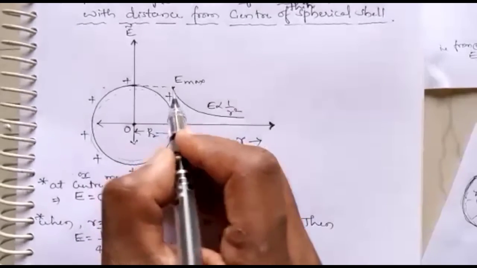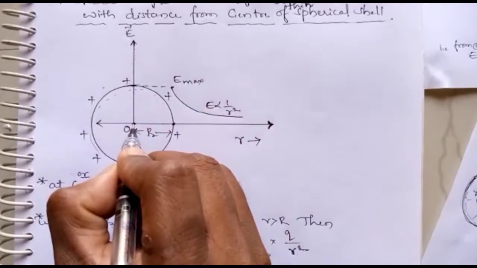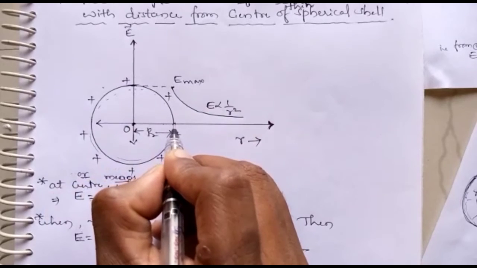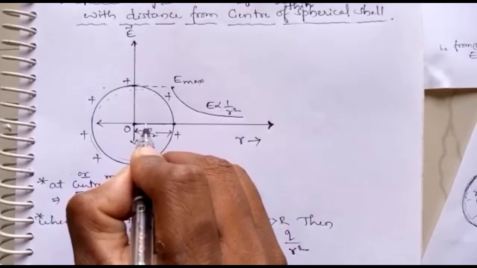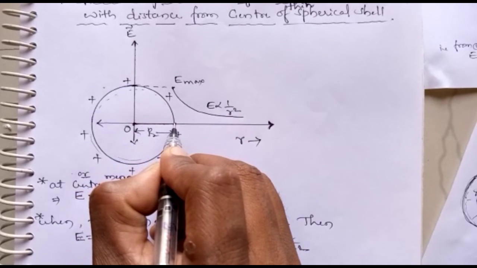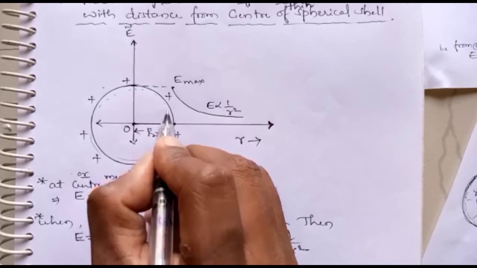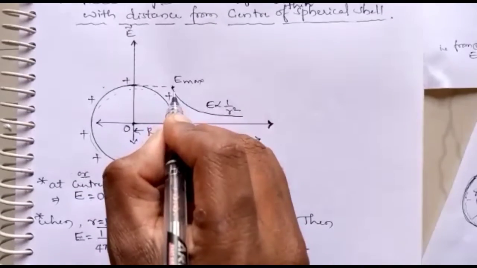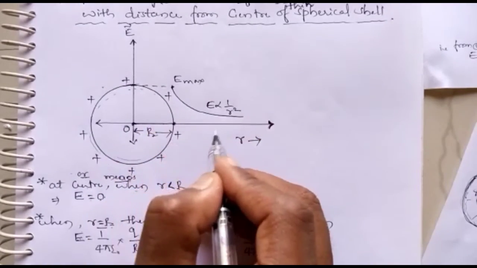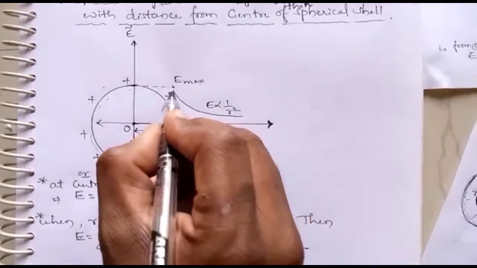That's what we can describe in this graph. From 0 up to R, E is 0. When the point is on the surface, the electric field becomes maximum. If r goes on increasing, when r is greater than R, the electric field keeps decreasing like this.